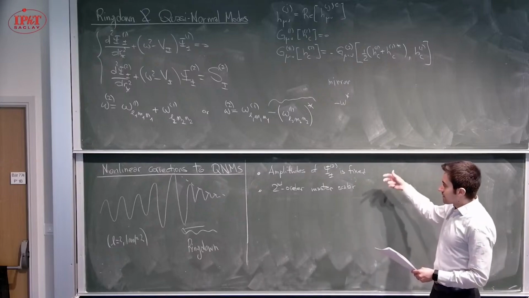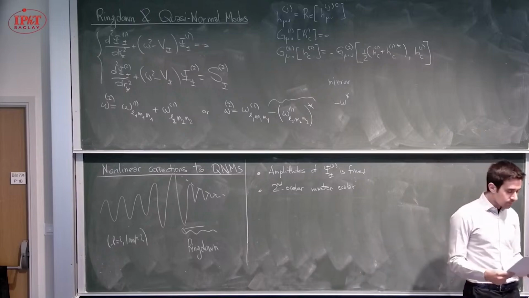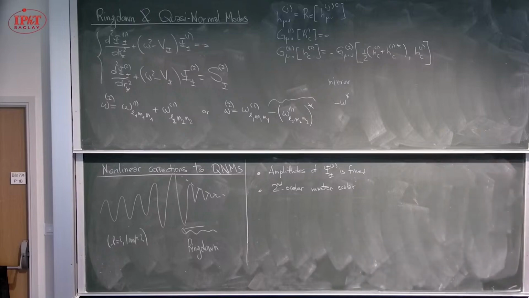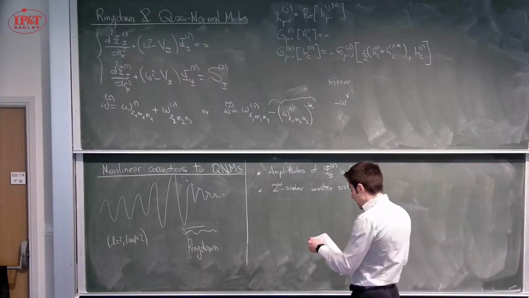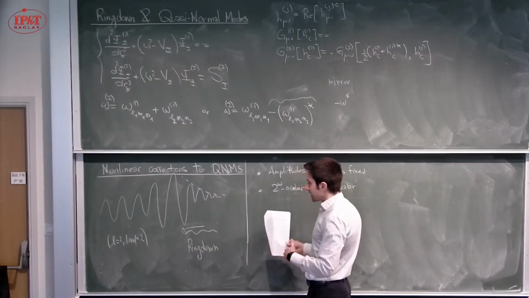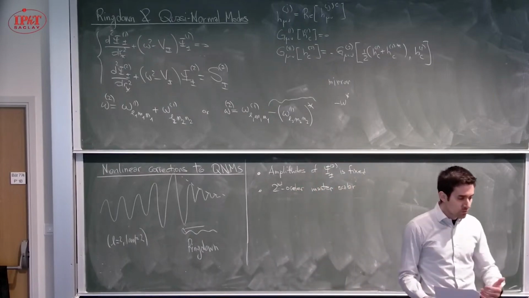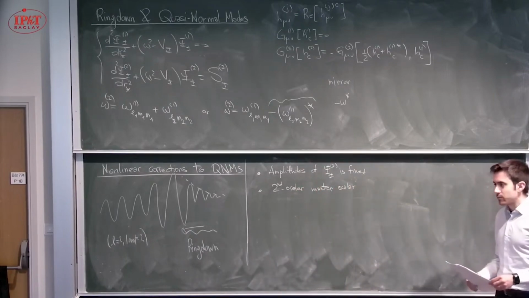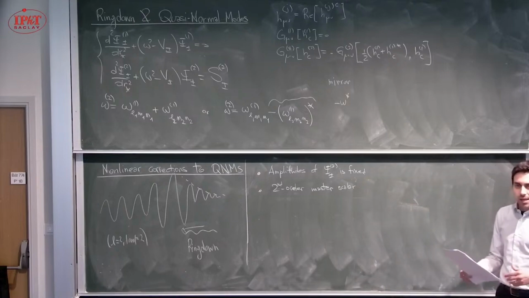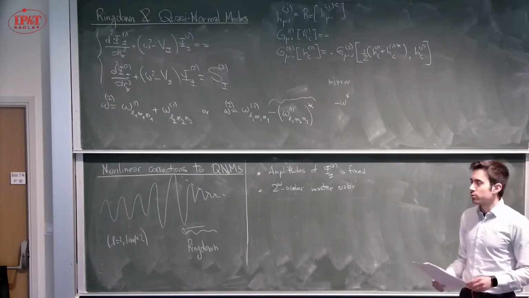So there is some discussion in the literature about which master variable you might want to choose to find these corrections. And of course, recently there has been some interest in this topic because there have been some numerical simulations that claimed to be able to confidently identify these second order modes.